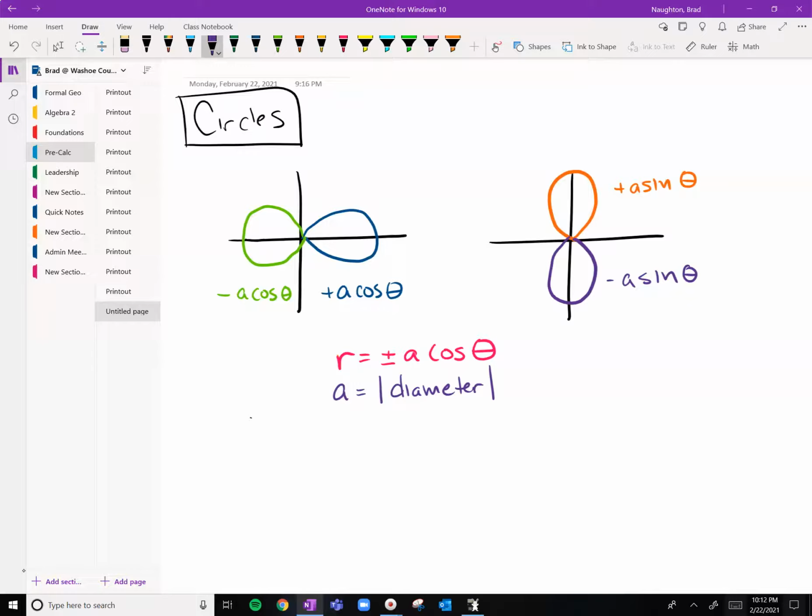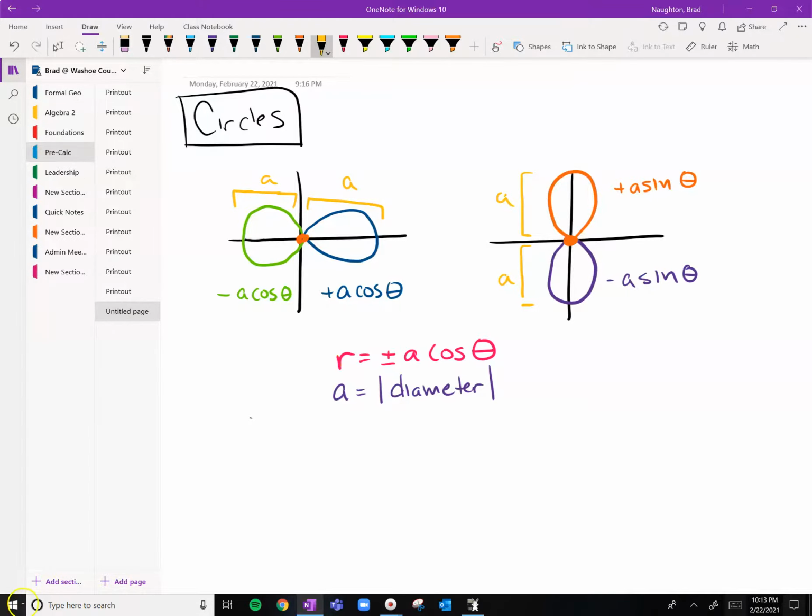If you can remember this part, it really is, go to your pole, because all these are tangent to the pole, and then if you know which direction your A is, you can count up A, or down A, right A, or left A, and you can have a really good idea of what your graph should look like without actually having to put in your tangent or all your functions.